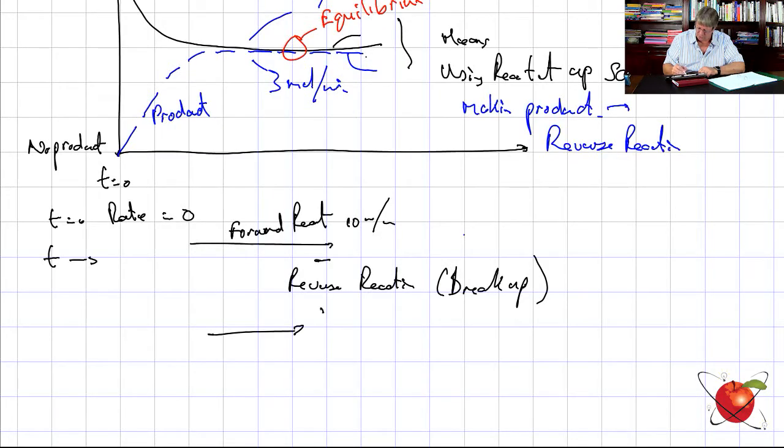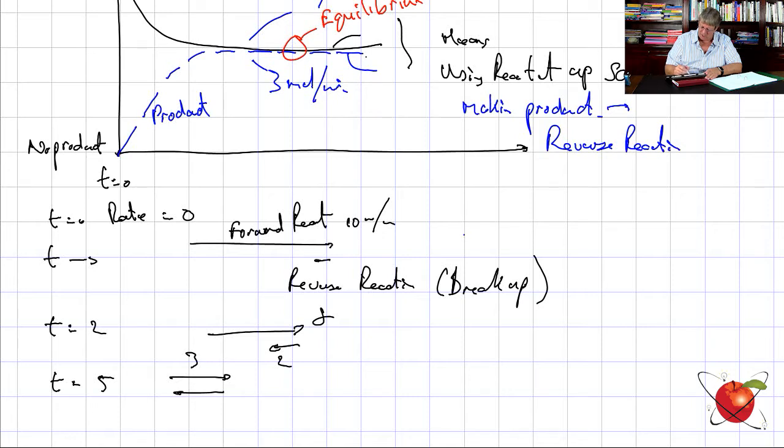So as time marches on, my rate of reaction forward drops to 8. This might now be 2. These numbers mean nothing. This is after t equals 2, let's say. Then at t equals 5, my rate forward is going to be 3, and my rate reverse is going to be 3.